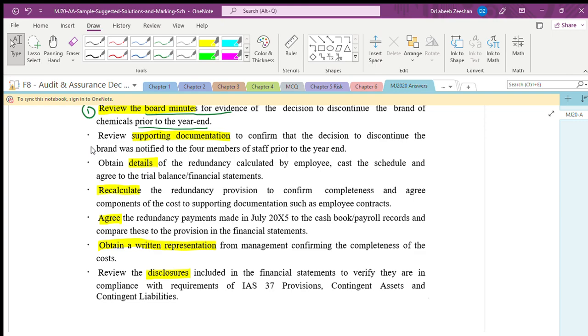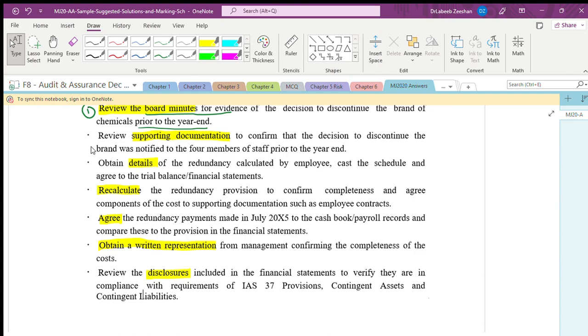You do recalculations. You agree the recalculations with the payroll records and all the provisions. Next, you have to get the written representation from the management. Then only you can show it in the financial statements.